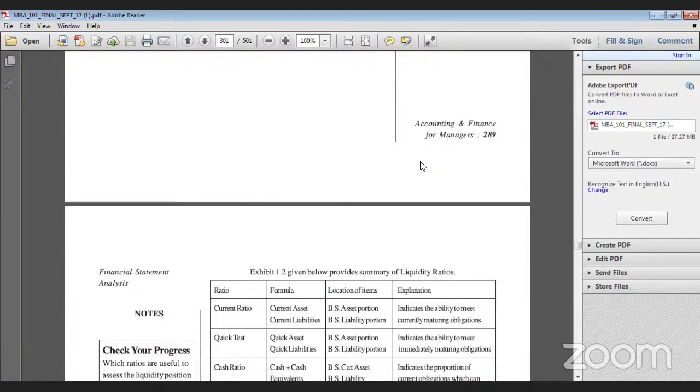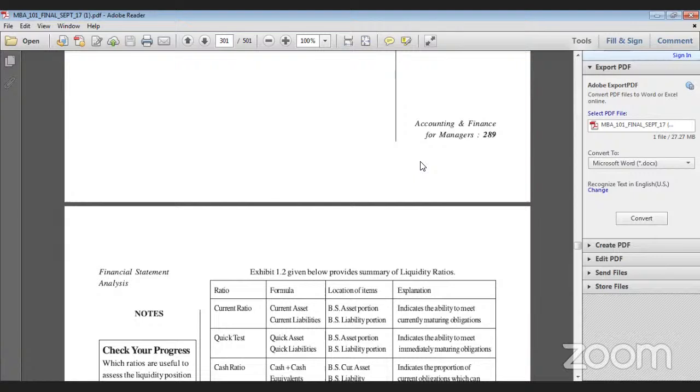Like that, current ratio is current assets divided by current liabilities. It indicates the ability to meet current maturity obligations. Means with the help of these ratios, we can plan our future and our present simultaneously.